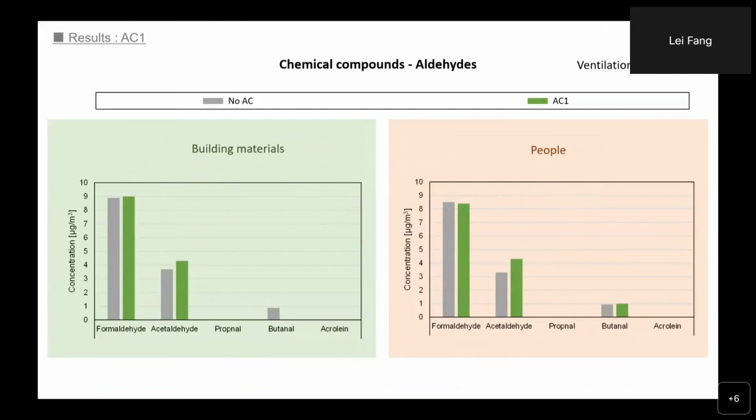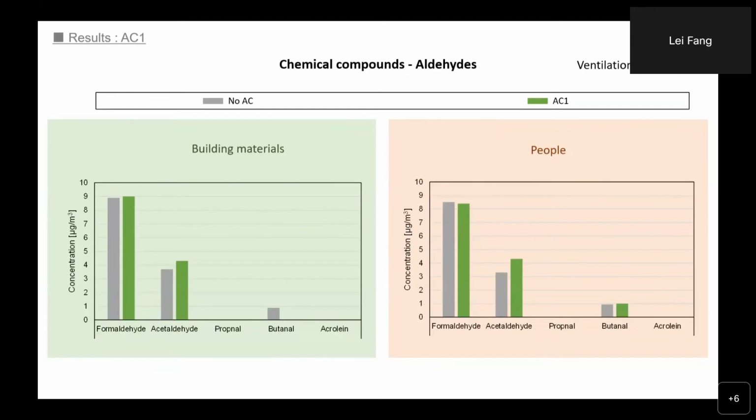And we also compared some chemical measurements, because at the same time we did chemical sampling and some chemical analysis. This figure shows the measurement of aldehyde. The green bar shows the results with air cleaner, and the gray bar shows without air cleaner. And there's not very much difference.